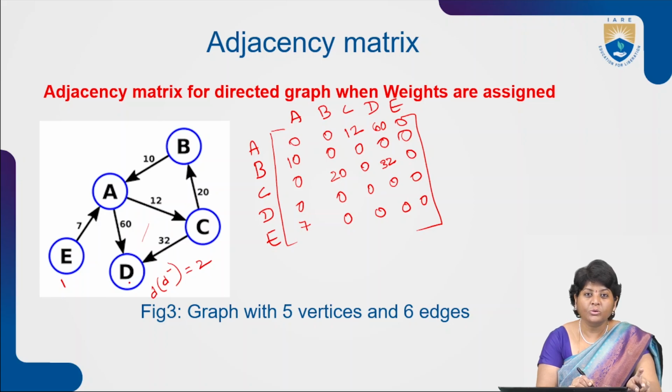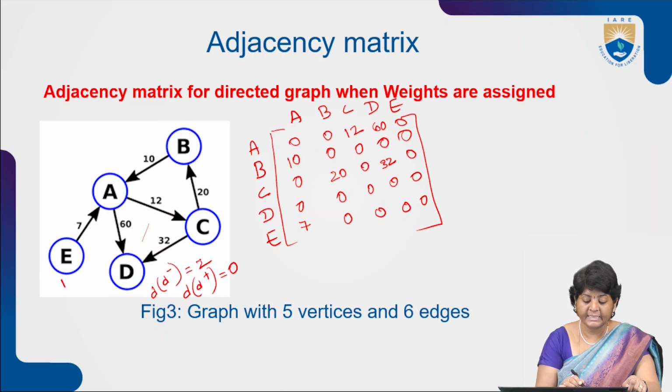We have two concepts when we are finding out the degree. One is in degree and the other is out degree. Based on the direction, we will mention whether it is in degree or out degree. In degree means an arrow mark towards that particular vertex, which will be represented as minus. Out degree means plus. Here there is no out degree, so we will mark it as 0.